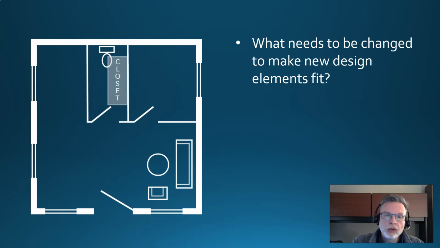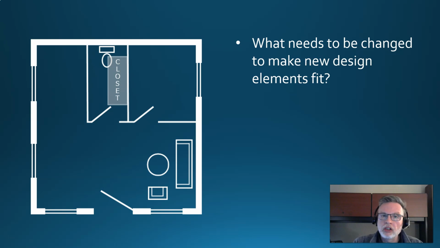Well, it's important for us to do this on paper before we start actually building anything in our learning management system or in our course design platform, because it's much easier for us to make design changes on the fly when we're still on paper, when we're still working with a blueprint. What happens if you're working with your clients or your stakeholders and they come back and they look at your blueprint and they say, hold on here now, I want a walk-in closet next to that bedroom.